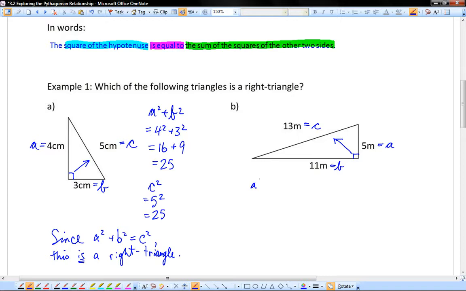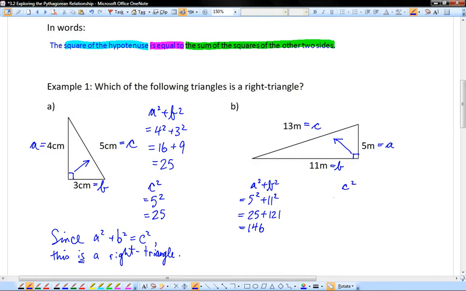So we've got a squared plus b squared, which is going to be equal to, in this case, 5 squared plus 11 squared. So that's 25 plus 121, which gives you 146. Let's see how that compares with c squared.